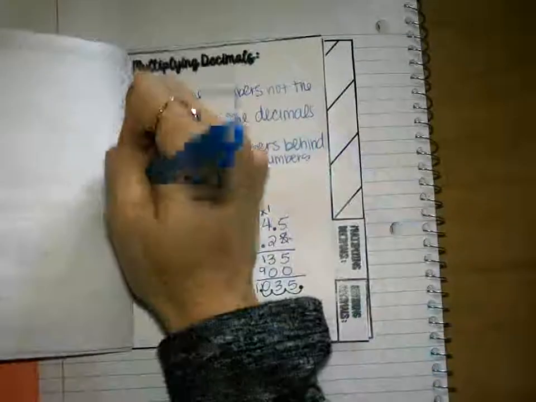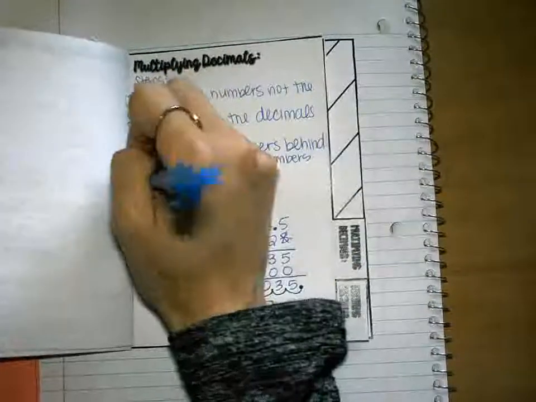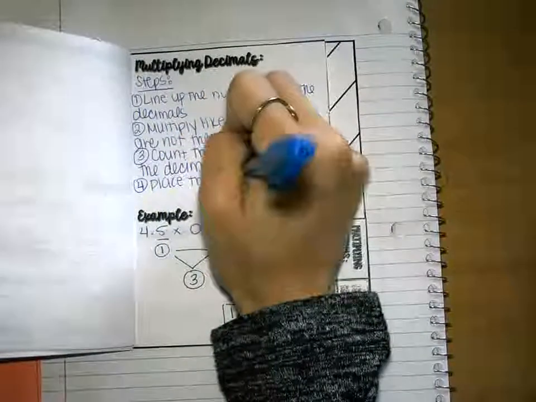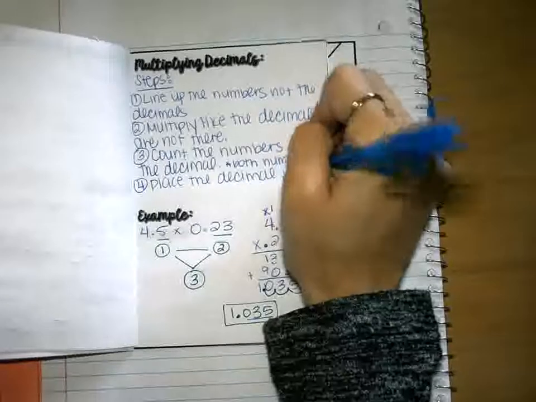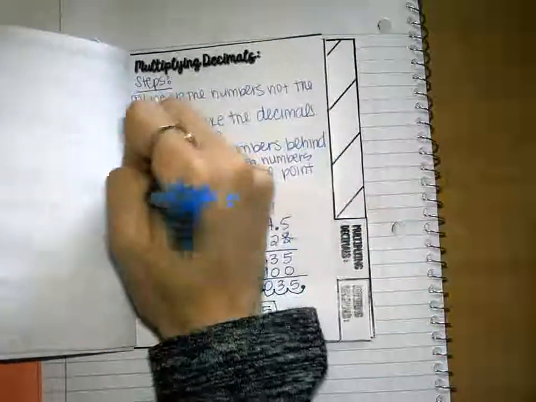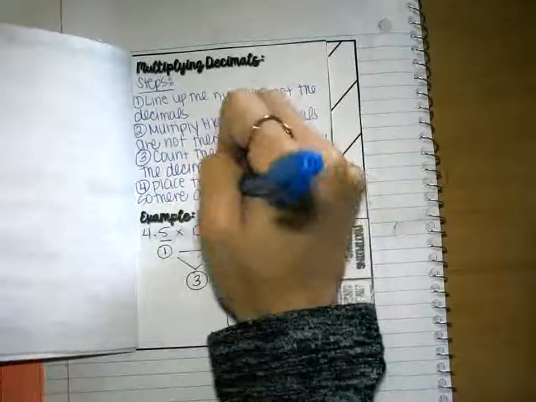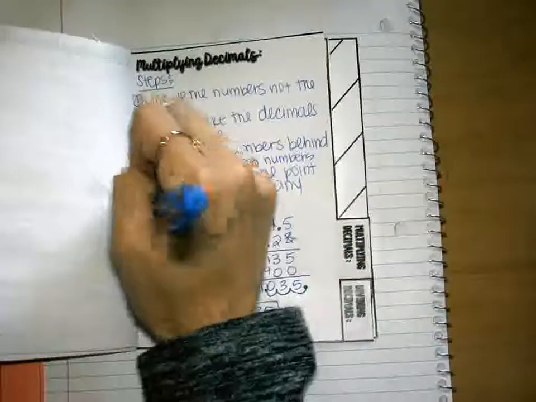Step 4, your final step. Place the decimal point. So there are that many numbers behind it.